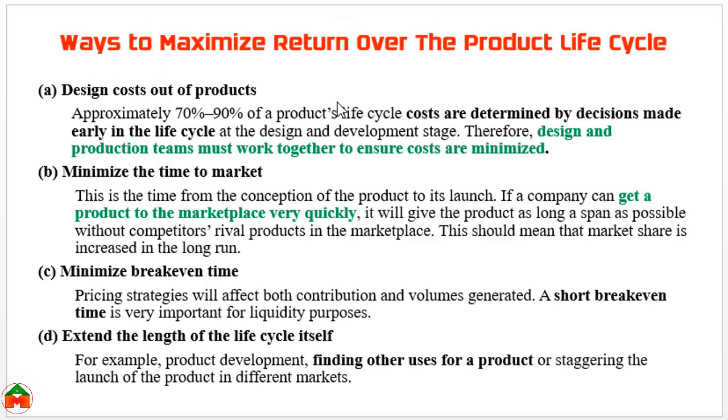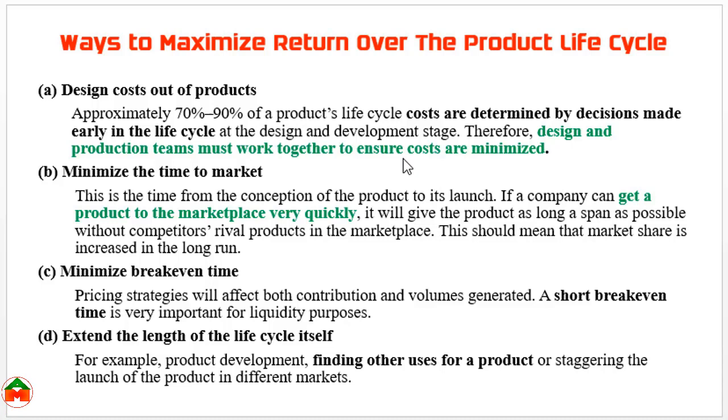We have already learned that the main purpose of product life cycle is to maximize the return or revenue. And to maximize the return or revenue, we can adopt some ways. We need to design cost out of products. We need to design and produce the product in a way so that we can reduce the cost.